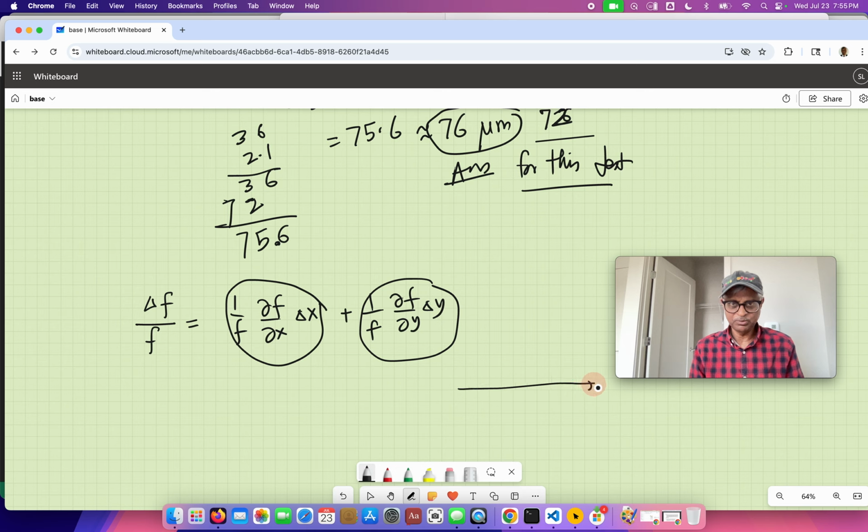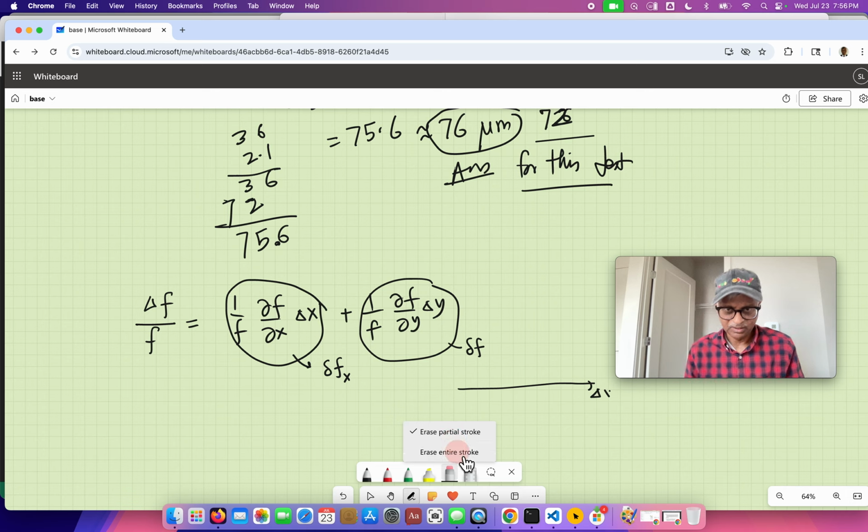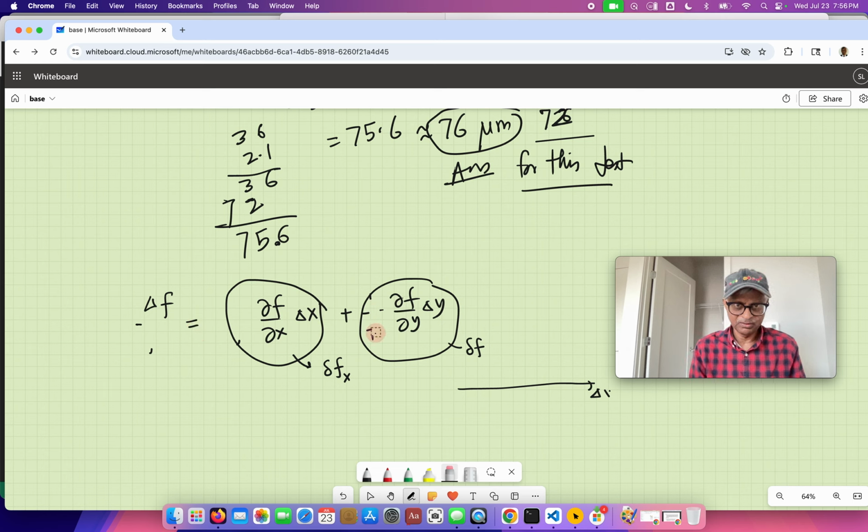So if you look at this, let's call it delta f with respect to x, and this delta f with respect to y. Let me simplify even further. Let's not divide; I was thinking to make it parallel to that, so let's just call this guy like that.